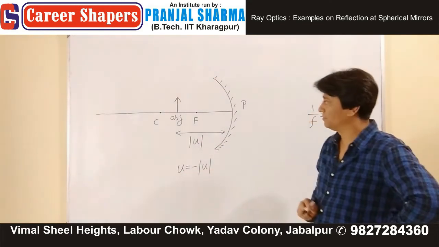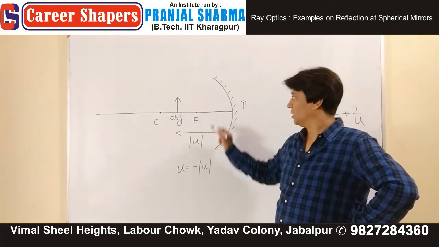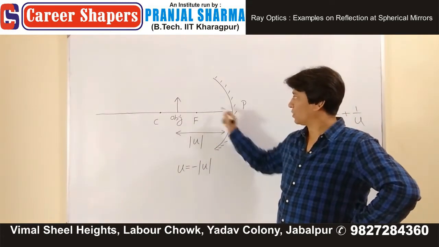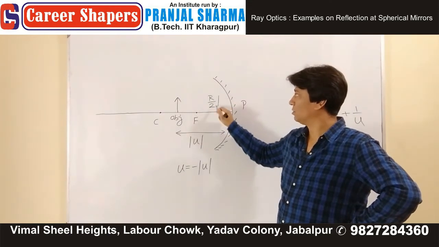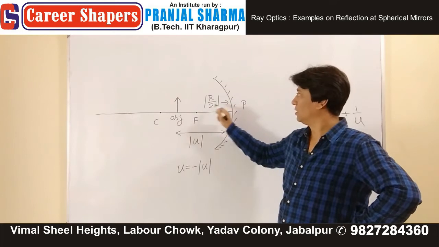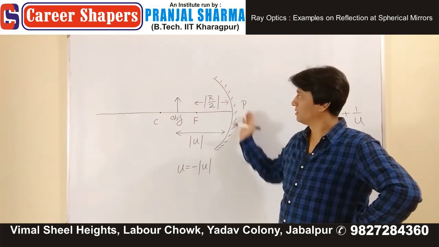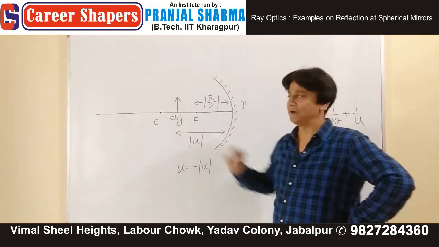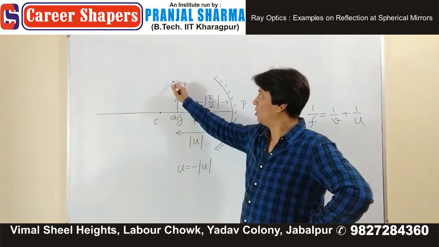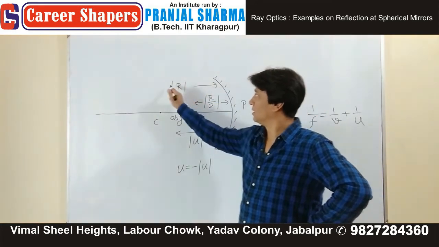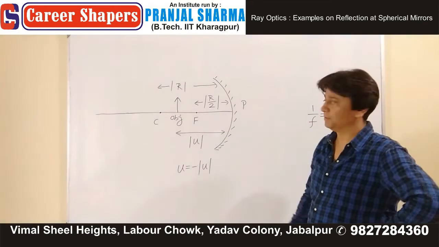Minus of 5. This focal length, its distance is what? Mod of R by 2. R is negative. Center of curvature is on the left side. This distance is mod R, the distance of center of curvature from the pole.